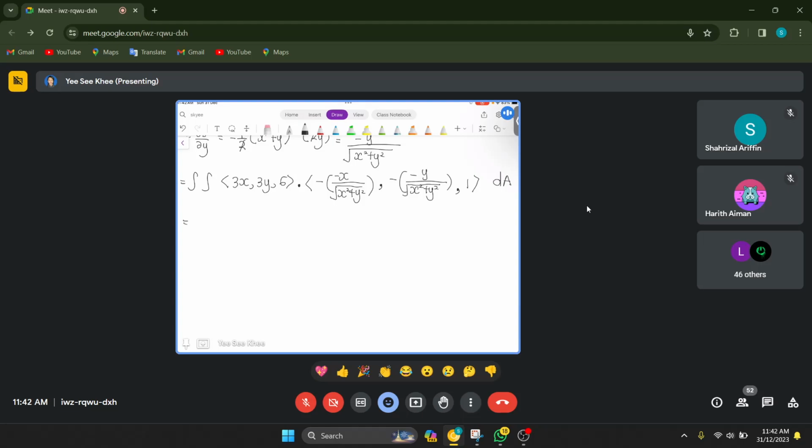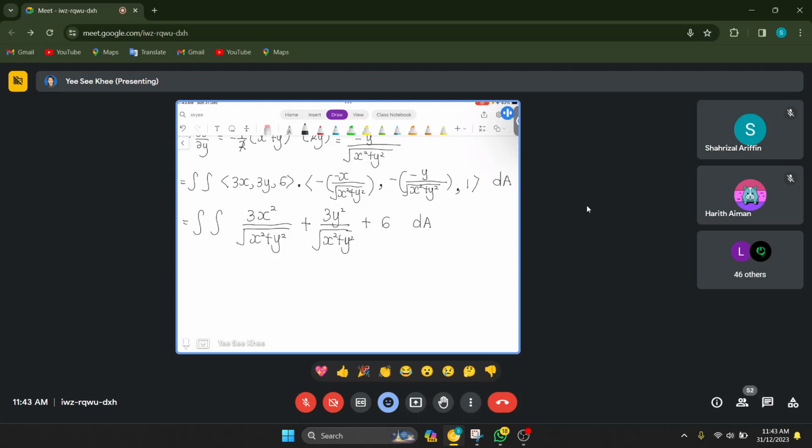Okay, next, let's simplify it. 3x, this one will become positive: 3x squared over the square root of x squared plus y squared, plus the second term, 3y squared over the square root of x squared plus y squared, and the third term will be 6, dA.